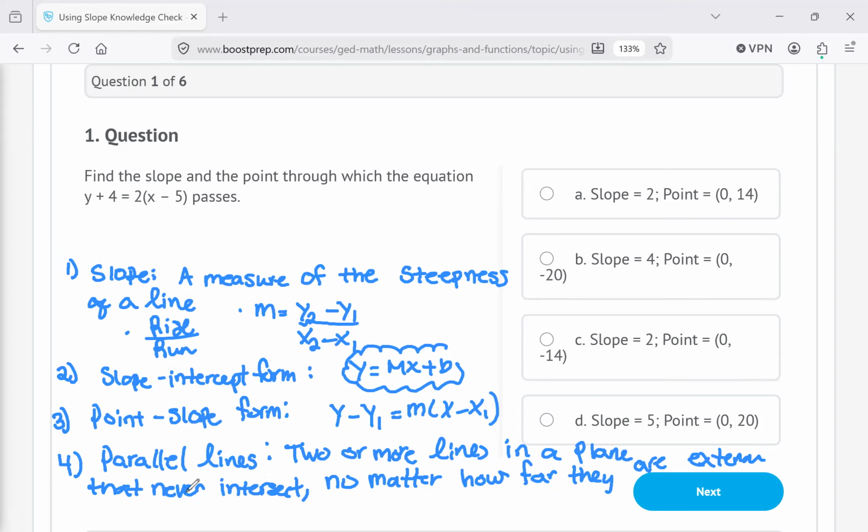But also, really important, they must have the same slope. That's how you know these two linear lines are parallel. Here's line one, here's line two. They will never intersect, and their slopes are the same. So if you know the slope of one, the other slope must be the same.